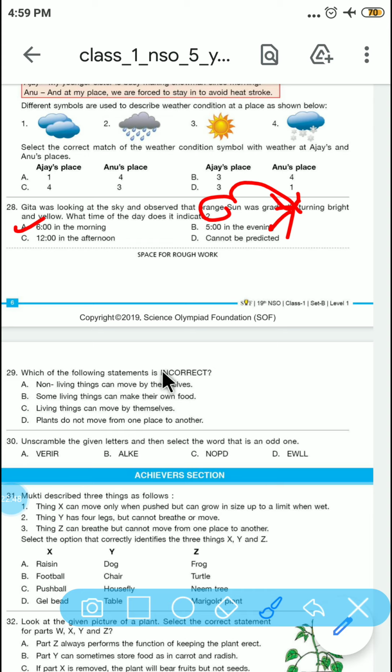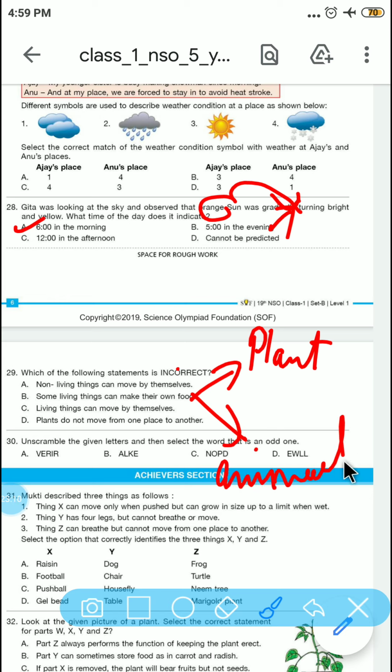Not all the living things are able to do it. Yes. Living things like plants can make their own food, but as far as animals are considered, they are not able to do so.